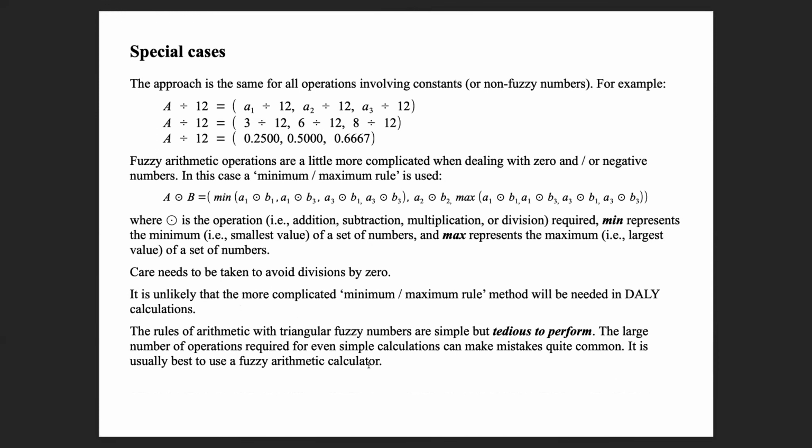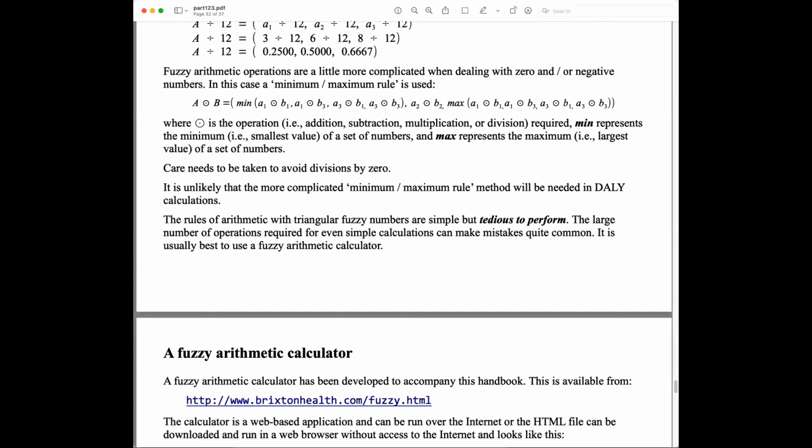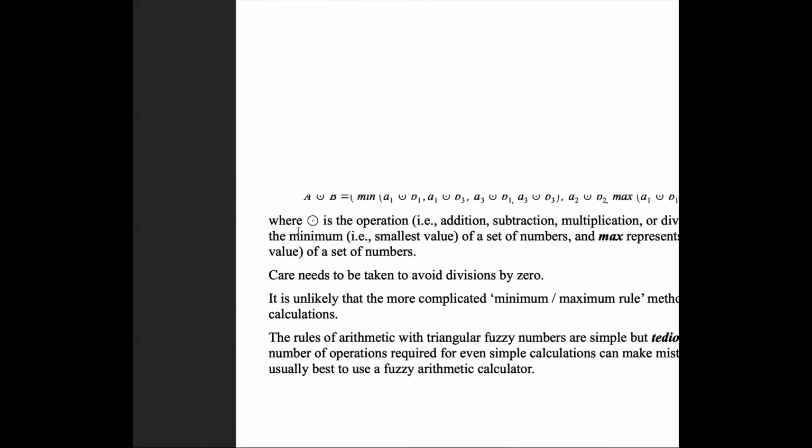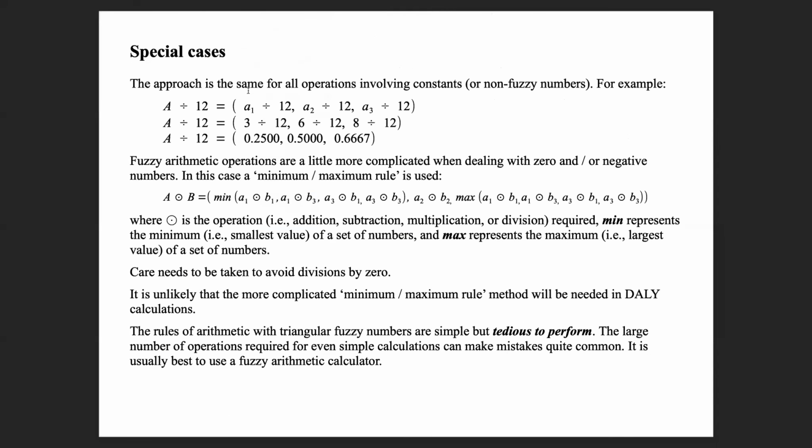There are some special cases. If we're mixing fuzzy numbers with real numbers, then we just treat the real number as if it was a fuzzy number, but repeated 3 times.